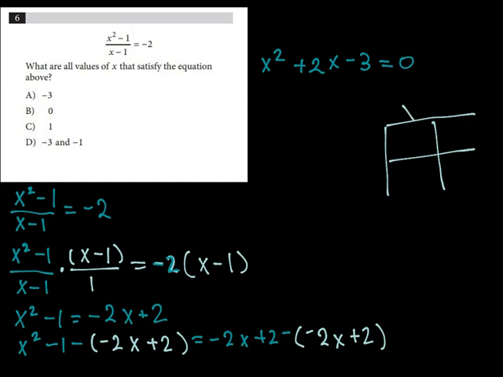And so we have x squared, and we have negative 3 as our constant. So obviously x times x is the only way to get x squared, and next to get negative 3 we can either do negative 3 and 1 or negative 1 and 3.